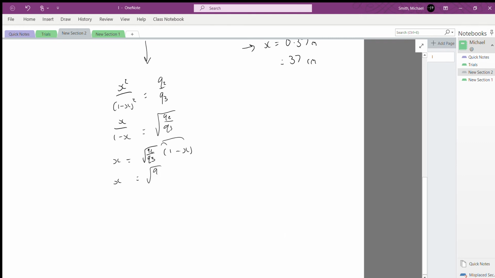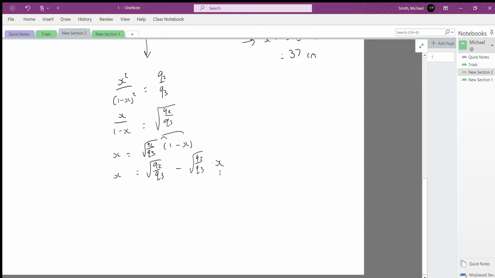So Q2 on Q3 times 1 take root Q2 on Q3 times x, and I'm going to plus the root Q2 on Q3 x over to the other side. So we have x plus root Q2 on Q3 x equals root Q2 on Q3, almost there.